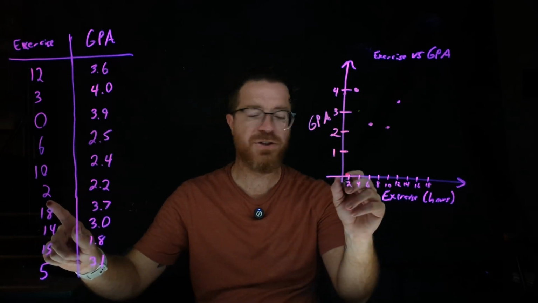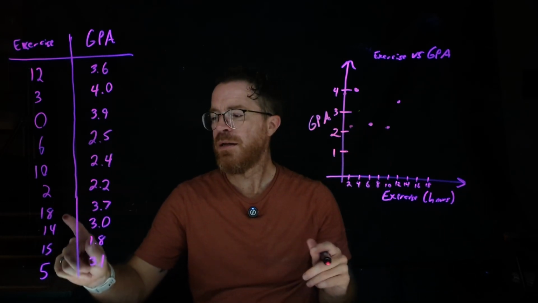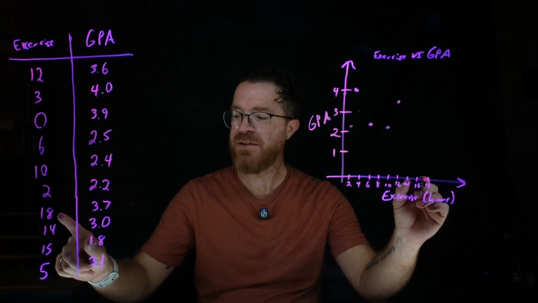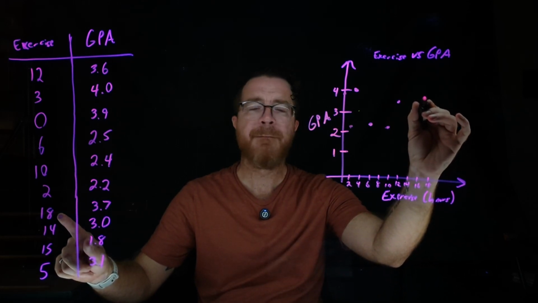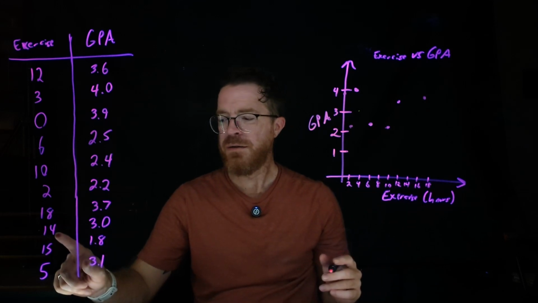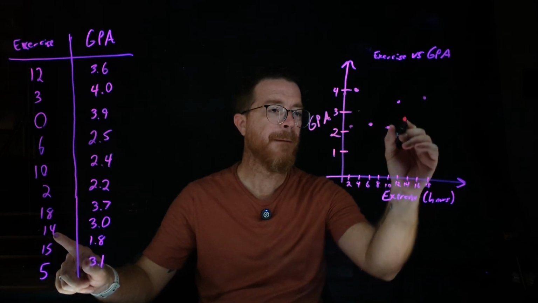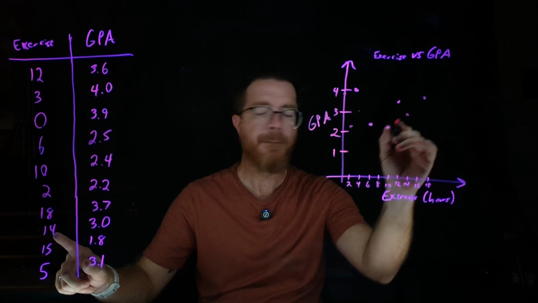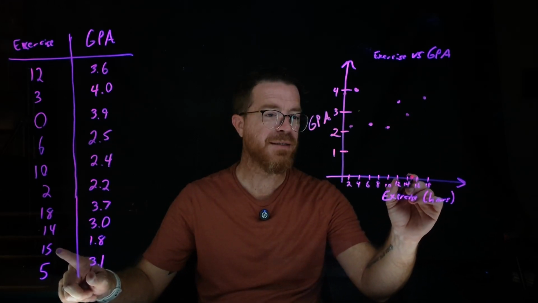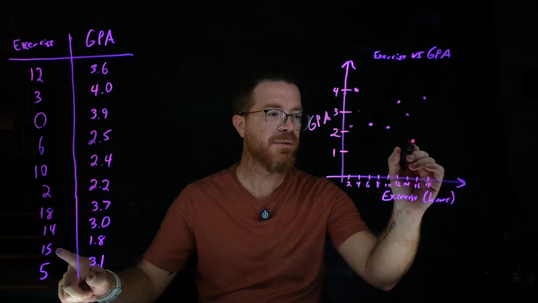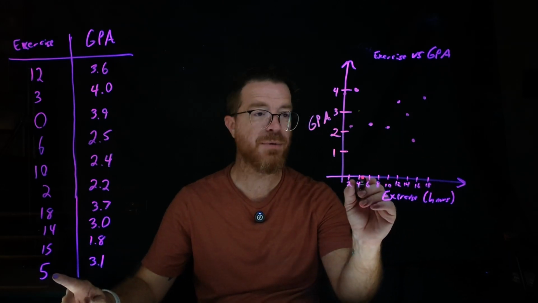Next person exercises 2 hours, has a 2.2. Next person has 18 hours of exercise, has a 3.7. Next, we have someone who exercises 14 hours and has a 3.0. Someone who exercises 15 hours has a 1.8. And last, we have a person who exercises 5 hours and has a 3.1.